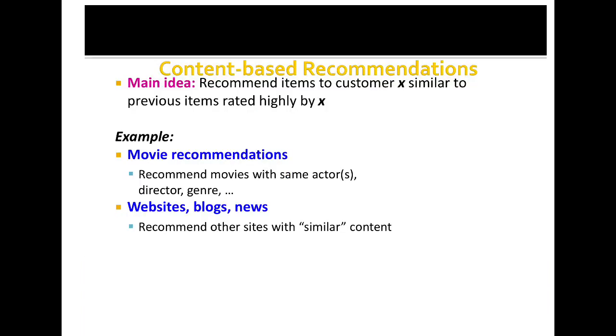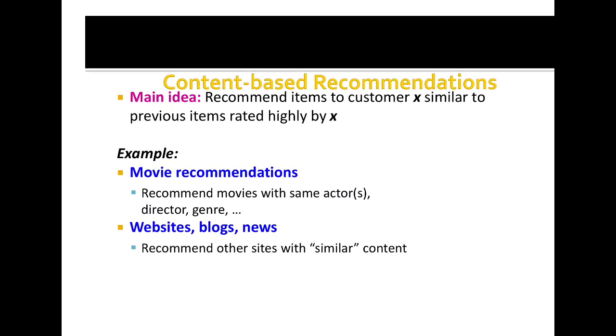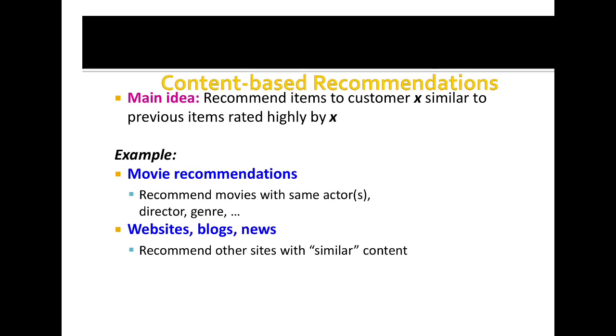And then based on that, you also look at the previous items rated by the customer, and the kind of items rated higher by the customer, you are going to recommend the same types of items.